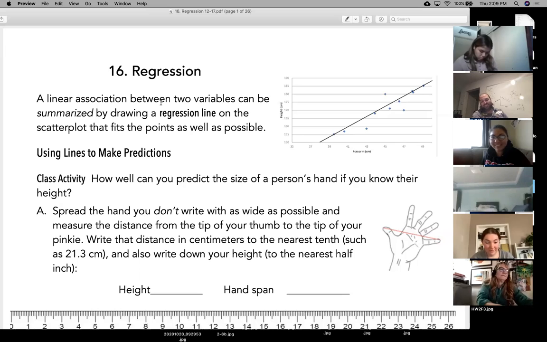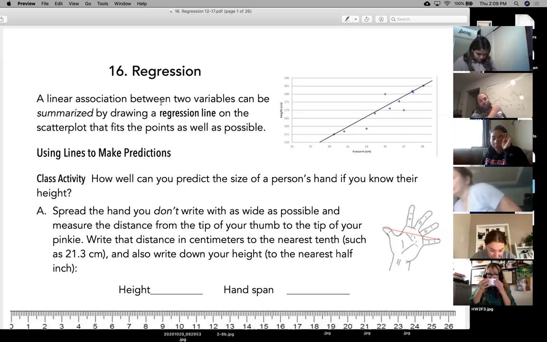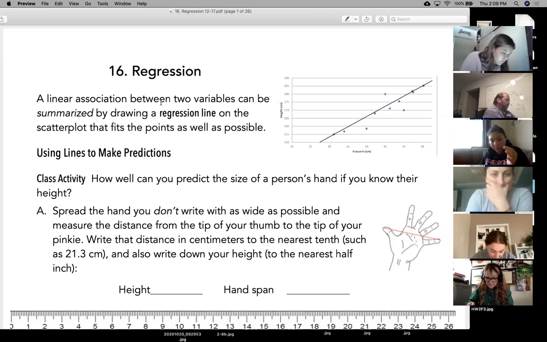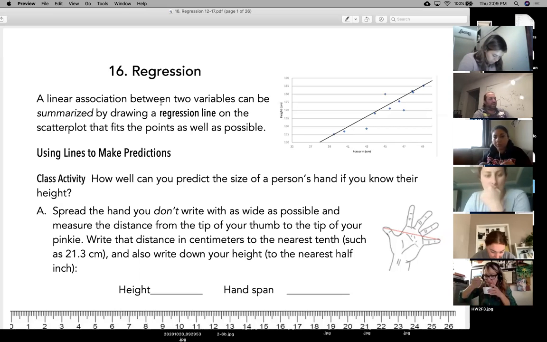So last chapter was on correlation, on whether or not two variables are connected in some way. This one is on what's called regression. Once you've established that two variables are linearly connected, the next thing we have to do is come up with the equation of the best fit line.